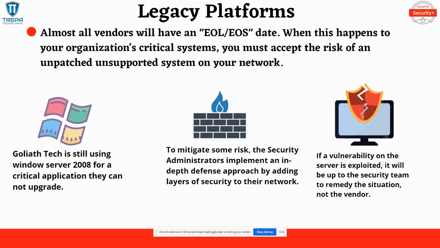So we have to try to use some strategies and controls to try to prevent these vulnerabilities from being exploited on our network. So one thing you can do is start implementing some firewalls or network segmentation, right? You're going to have to use a defense in-depth approach by adding layers of security to your network so that if there's vulnerabilities on your EOL systems that you can't patch, at least we have some lines of defense in place.